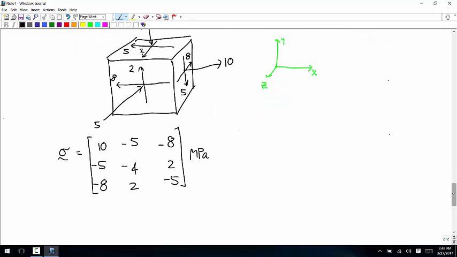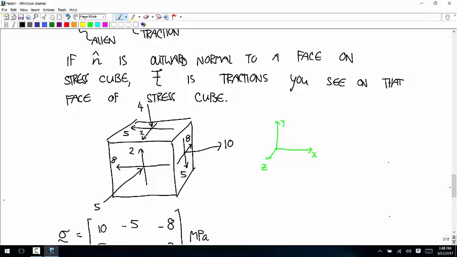So if you take the 3 components on any face, those are the tractions on the face. And the ones we can't see are the negatives. They have to be equal and opposite to the opposite face. So now let's figure out the traction on the positive x face.